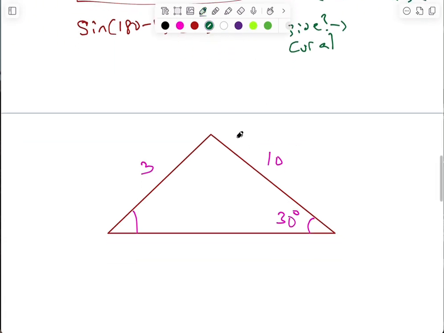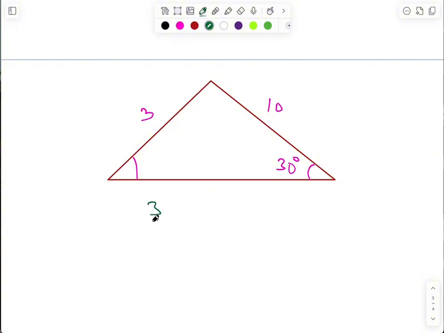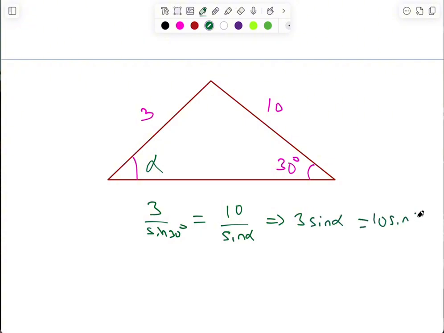So all I have to do is 3 divided by sine 30 degrees equals 10 divided by sine alpha, where I call this angle alpha. So that implies that 3 sine alpha equals 10 sine 30. So that implies that sine alpha equals 10 sine 30, which is 5, over 3, so 5 over 3.